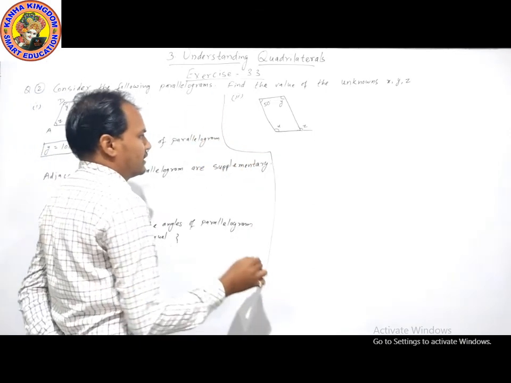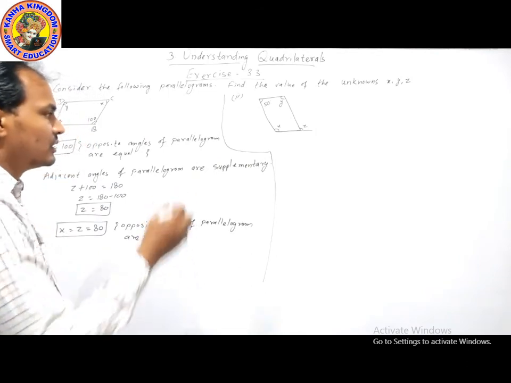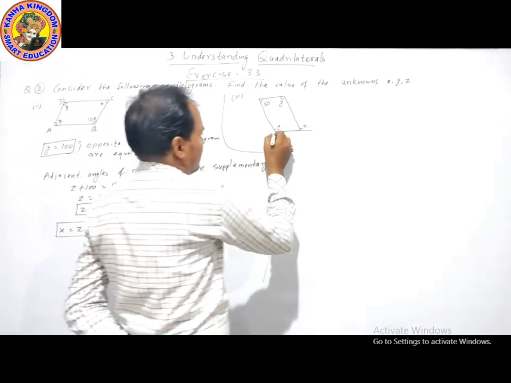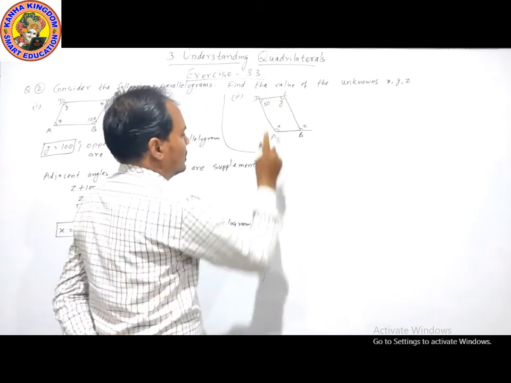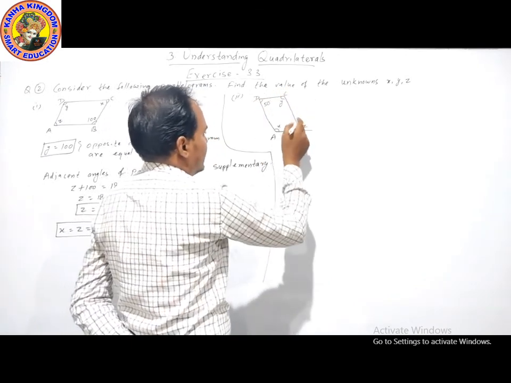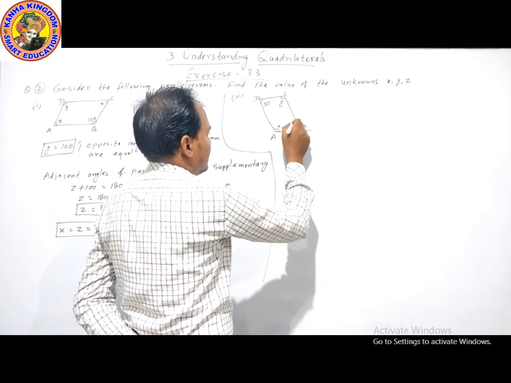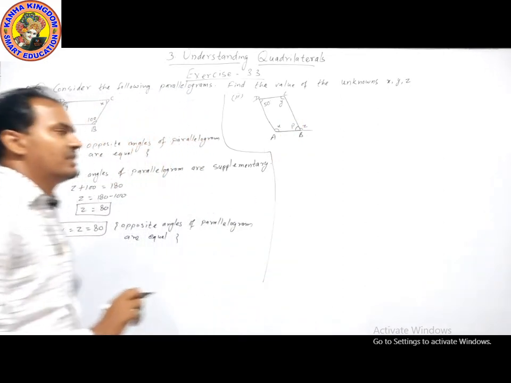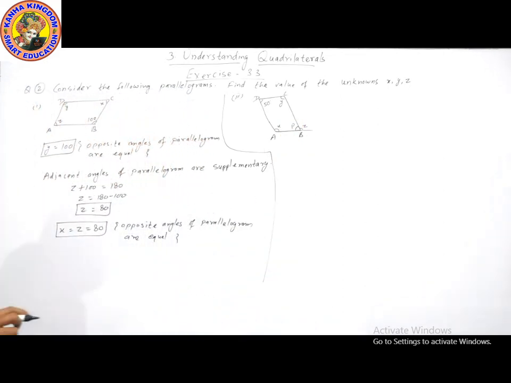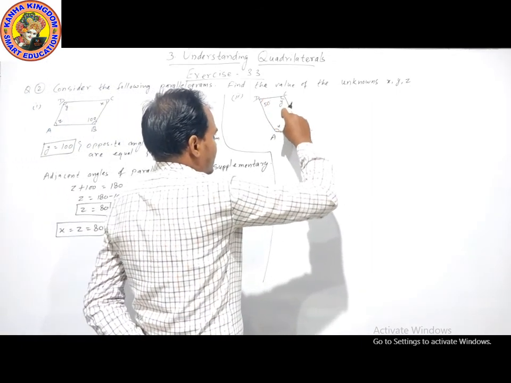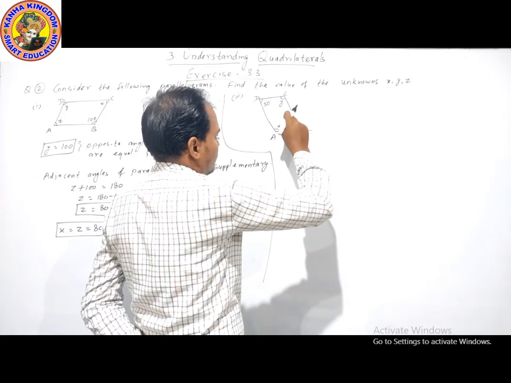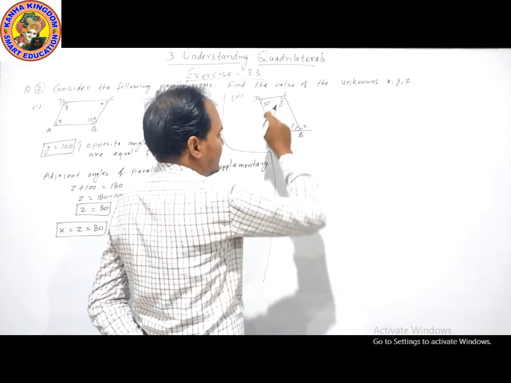Now I am taking the second question. This is a parallelogram. First of all, name this parallelogram A, B, C and D, with angles X, Y, Z. This angle, let it be P. Now these are opposite angles, so angle P is 50.